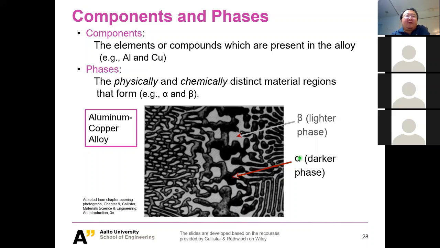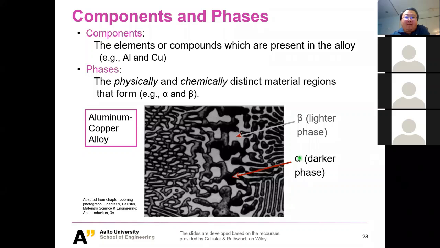And finally, what is a phase? A phase refers to a material region, material area, or material volume that exhibits homogeneous physical and chemical properties. I'm saying it a little bit differently, but you should be able to understand. It refers to the homogeneous material with common or mutual physical and chemical properties.